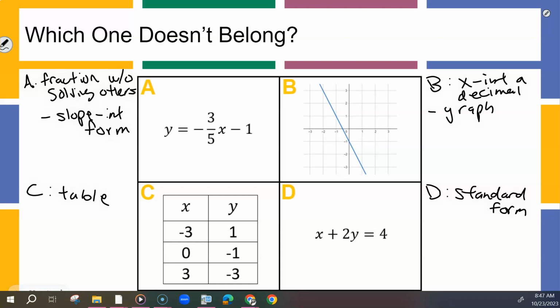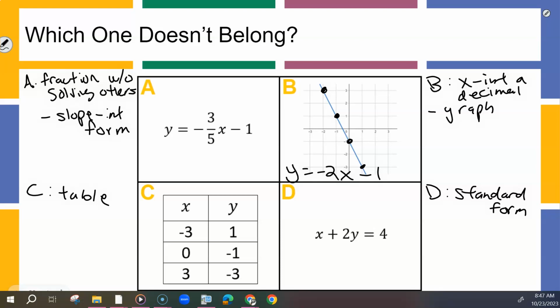But what if we found the equation for these? Did anyone find the equation for this one? Y equals 2x minus 1. Okay. What would the equation for this one be?